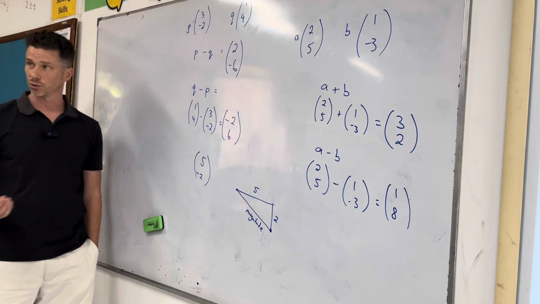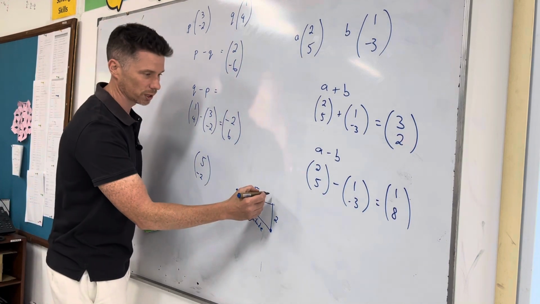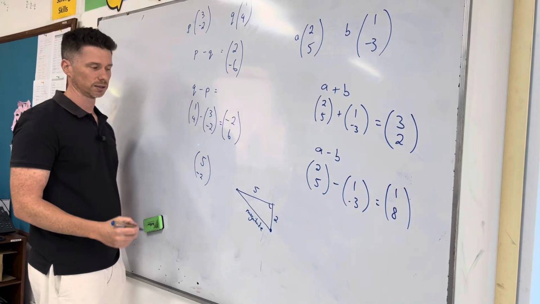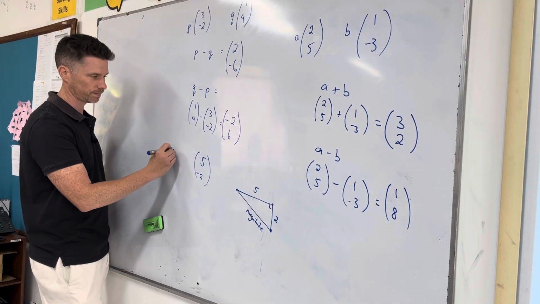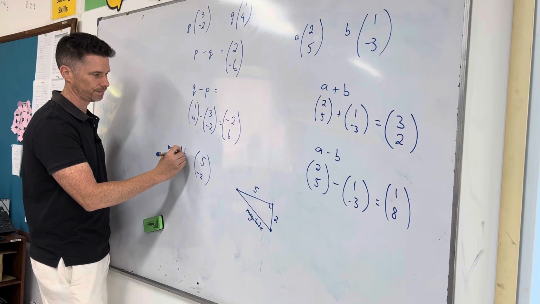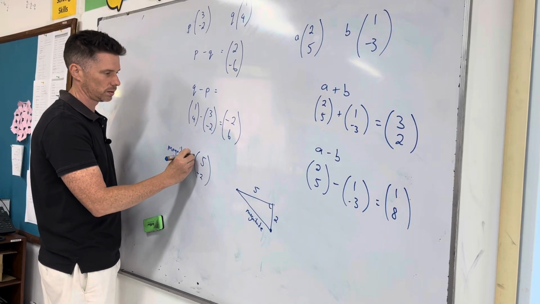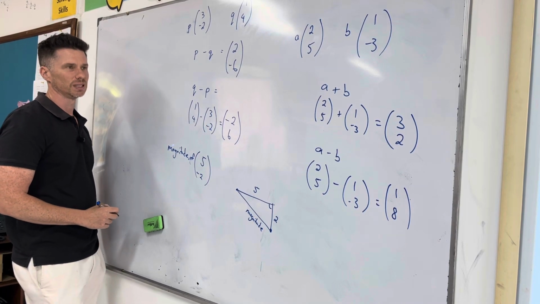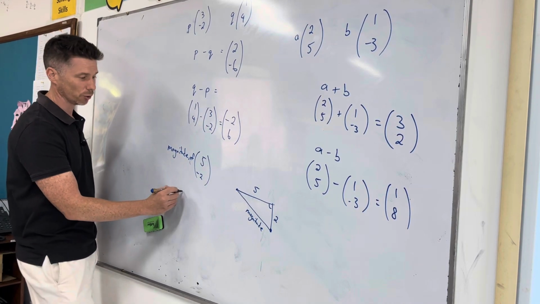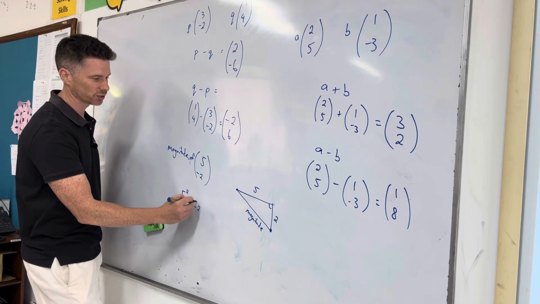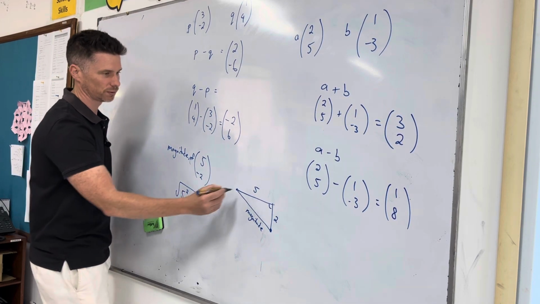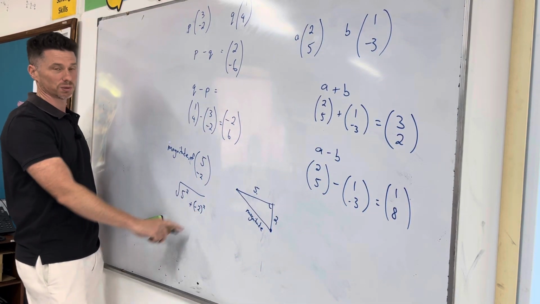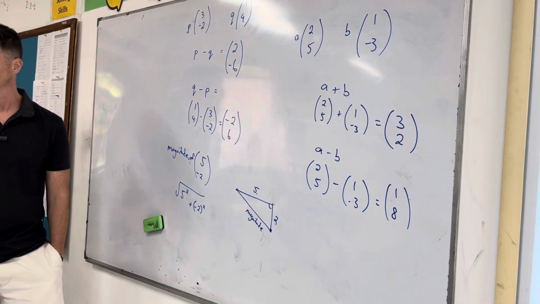So the magnitude is using Pythagoras' theorem. It's just 5 squared plus minus 2 squared, square rooted, because this is the hypotenuse of a right angle triangle. Now, you can keep this as a positive or negative because it's going to be squared anyway, so it's not going to matter.